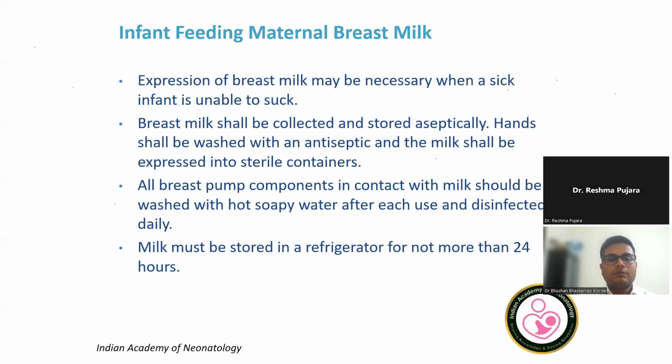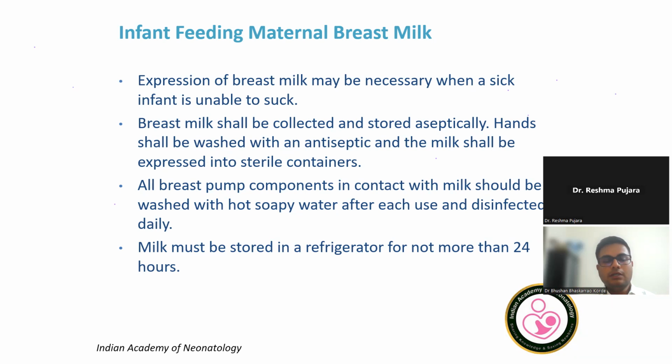So what are the precautions while infant feeding? Expression of the breast milk is necessary when a sick infant is unable to suck. The breast milk shall be collected and stored aseptically, and hands shall be washed with aseptic precaution, and it shall be expressed into sterile containers.